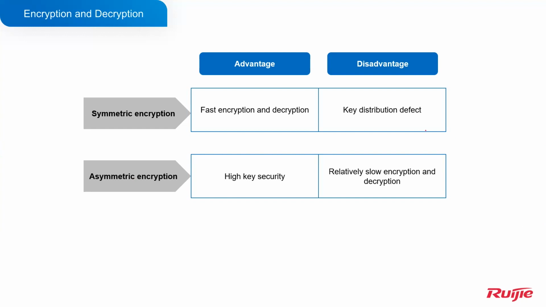Because you use the same key, maybe someone will know your key value. If you use asymmetric encryption, we provide high key security because you can think we have double keys, right? And the disadvantage is relatively slow encryption and decryption. So maybe you need more resources to protect your key.